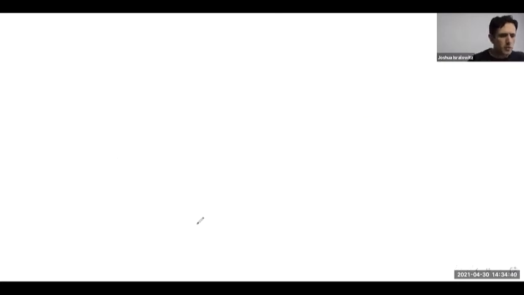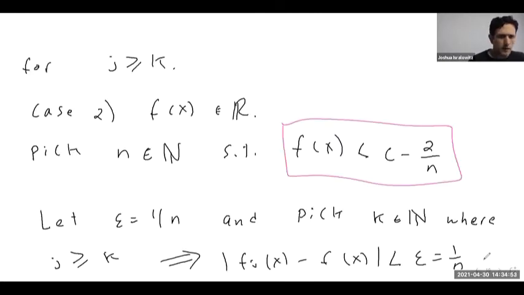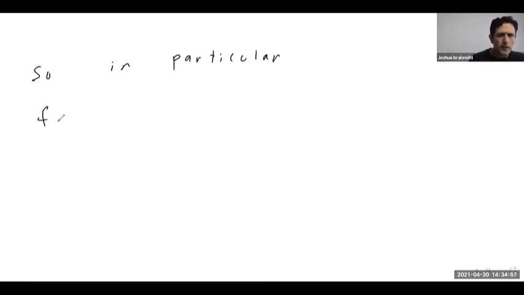Just convergence of f_j(x) to f(x), nothing more. So in particular, we have, kind of trivially, f_j(x) is less than f(x) plus epsilon, where epsilon is 1 over n.